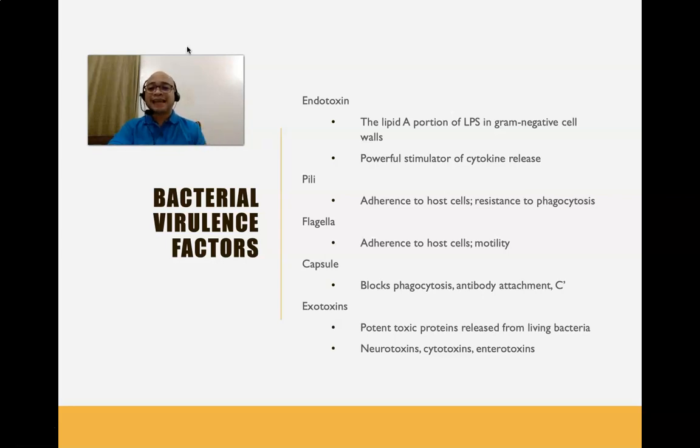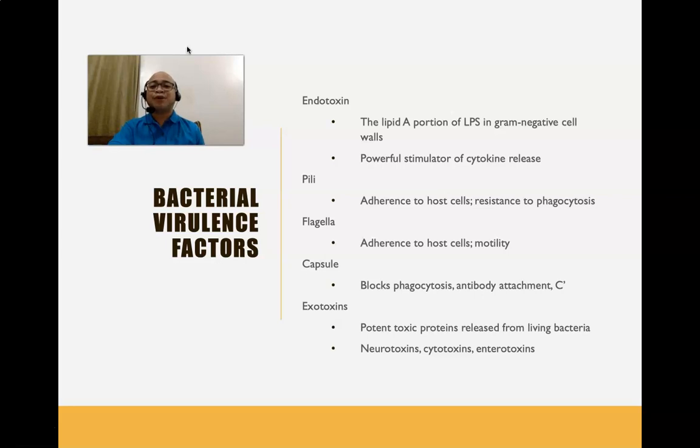Pili are responsible for the transfer of DNA from one bacterial cell to another, which we call conjugation. A much shorter variety is called fimbriae, and that is the one that is important for adherence to host cells, which will make them resistant to phagocytosis.